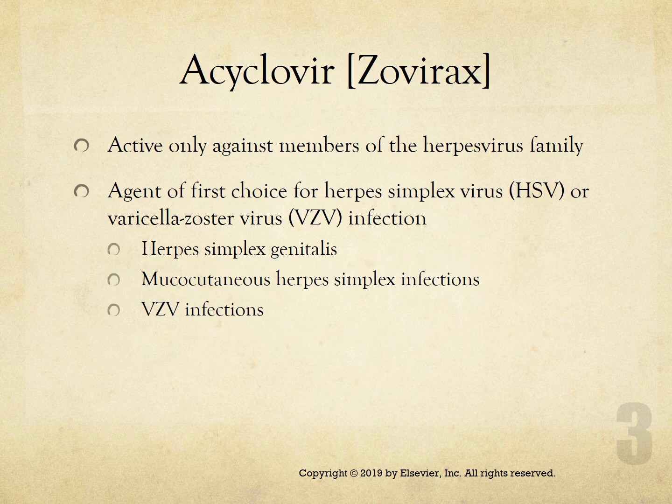So the first antiviral we're going to discuss is acyclovir, and it is only effective against members of the herpes virus family. So that includes herpes simplex genitalis or genital herpes, the mucocutaneous herpes simplex, which would be like cold sores, and then of course the varicella zoster infections.